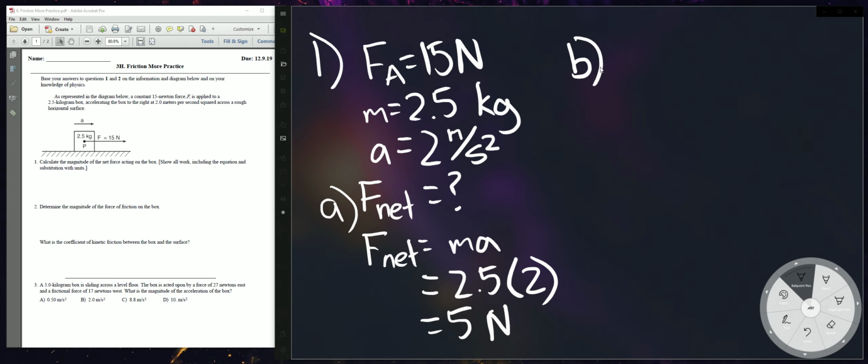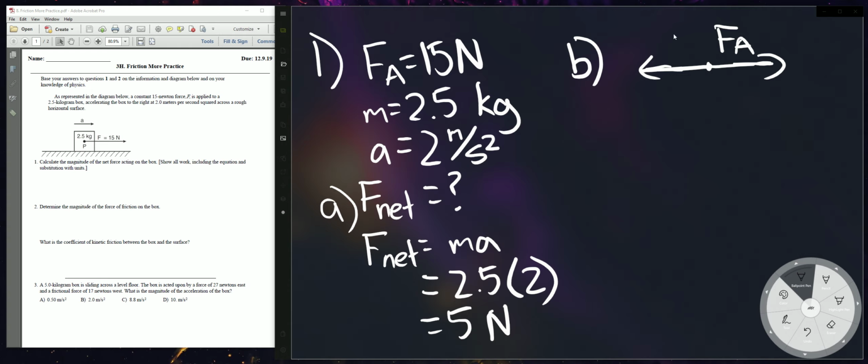B. Determine the magnitude of the force of friction on the box. Well, let's take a look at a free body diagram, right? We know that if the block is in motion, there's an applied force this way.